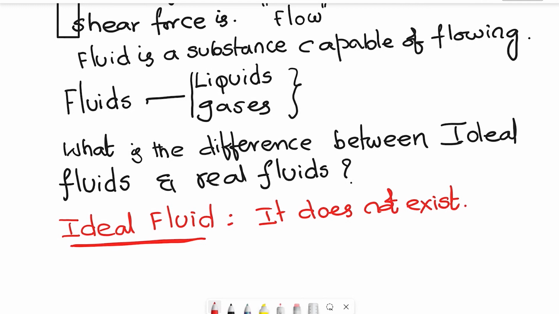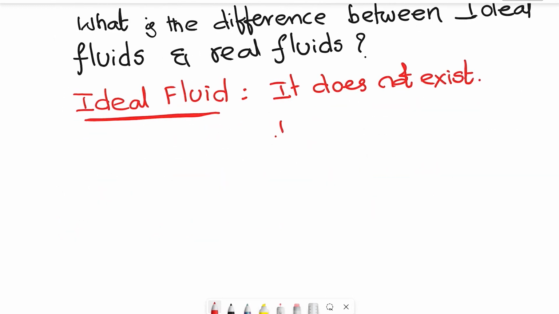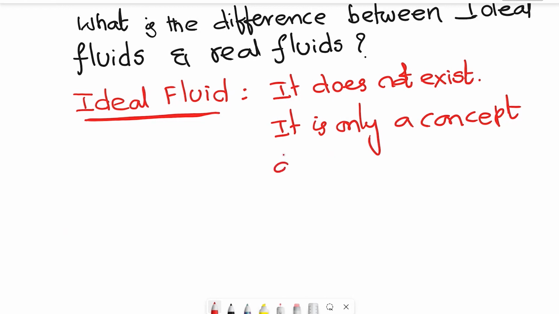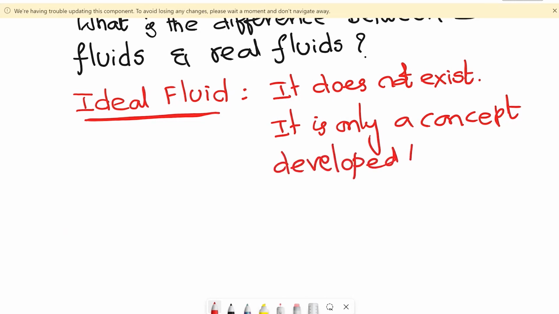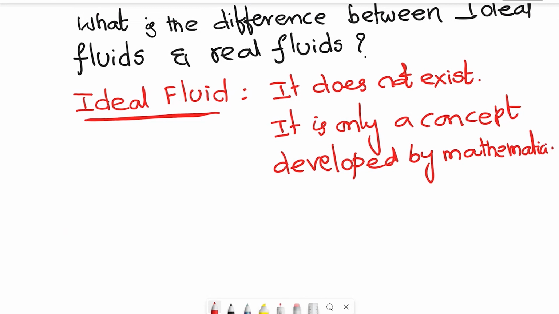Please remember, it is only a concept developed by mathematicians to analyze fluid flow.